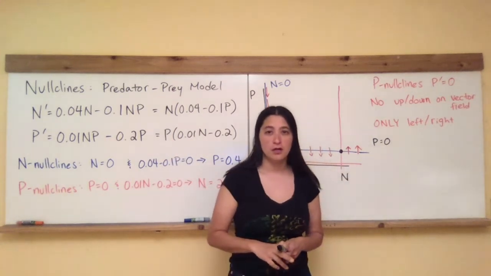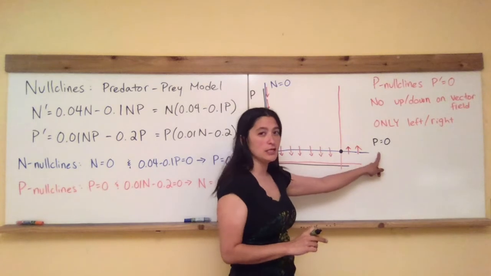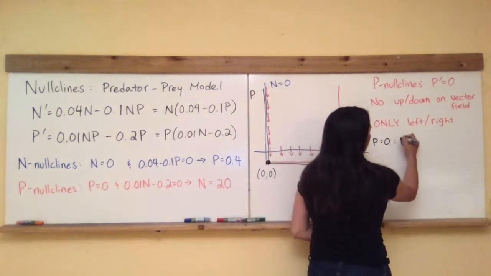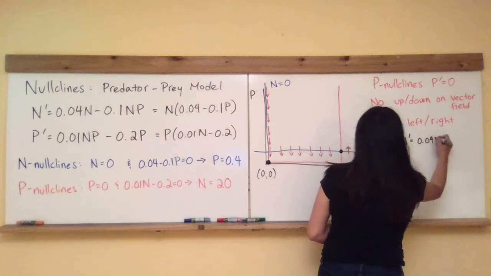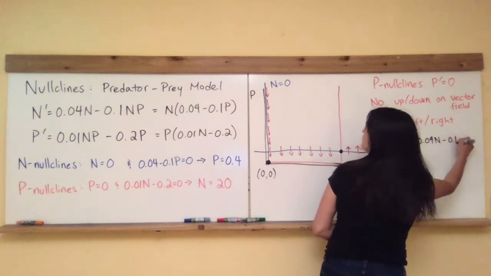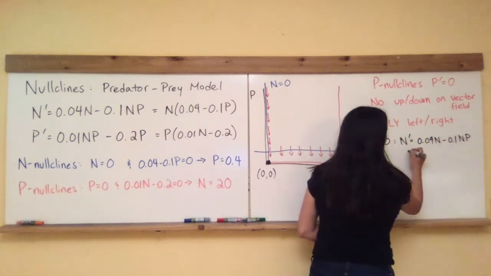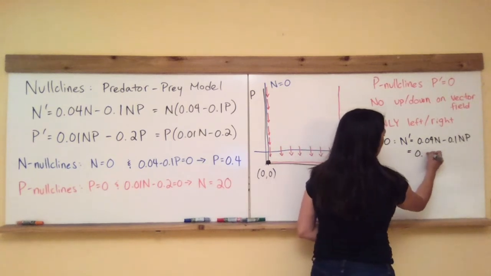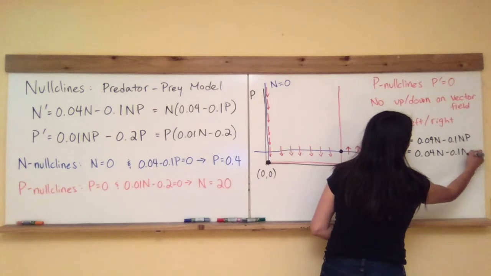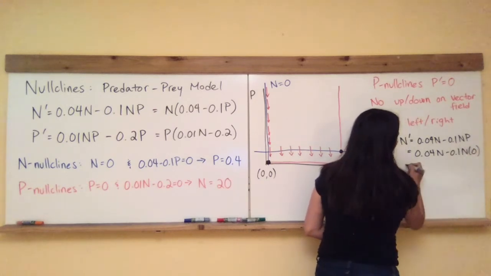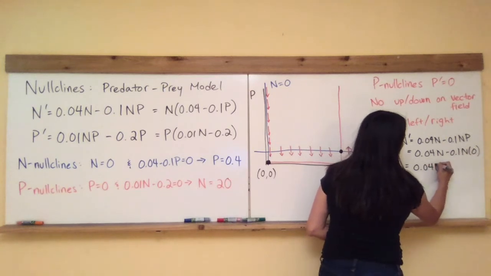Okay, so I'm taking a p nullcline and I'm plugging it into the n prime equation, which is 0.04n minus 0.1np. And I'm just going to plug in the assumption that p is equal to 0, which results in this, 0.1 times n times 0. And so it just says n prime is equal to 0.04n.